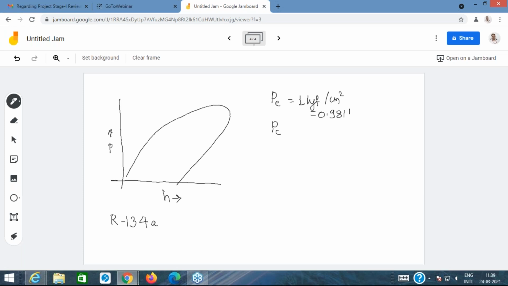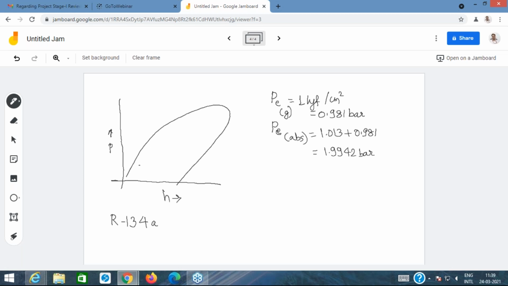This is the gauge reading, so we need to convert it into absolute by adding the atmospheric pressure. So 1.013 plus 0.981 gives the suction pressure, which is 1.9942 bar. Just convince yourselves by calculating it.